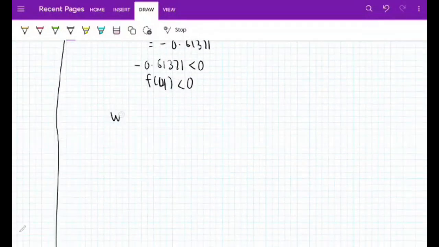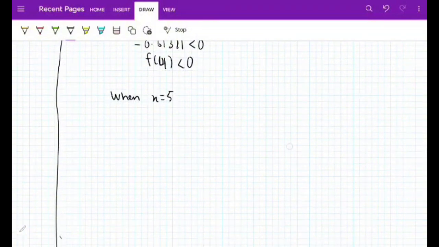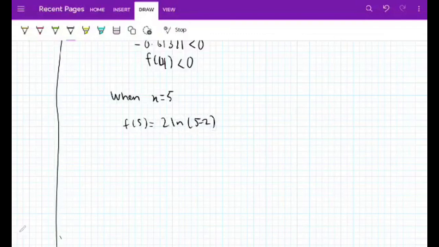When x is equal to 5: 2 ln 5 minus 2, and minus 6 plus 5. When we substitute this value inside the calculator, we should get a positive value, and yes, we do get a positive value, which is 1.19722.